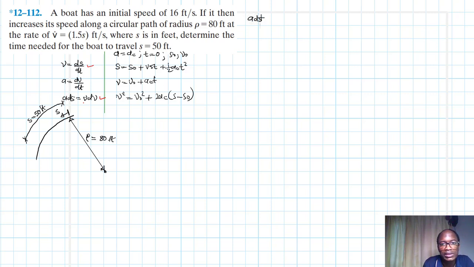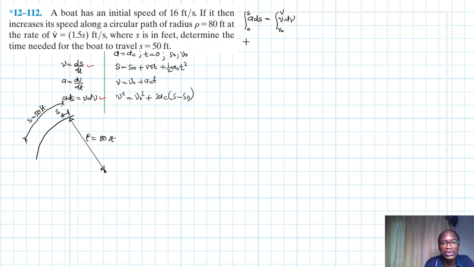So we have a ds equal to v dv. From this equation, we are going to apply the integrals like so. We are moving from 0 to s. Here we are starting from some initial speed, so v naught, then v.